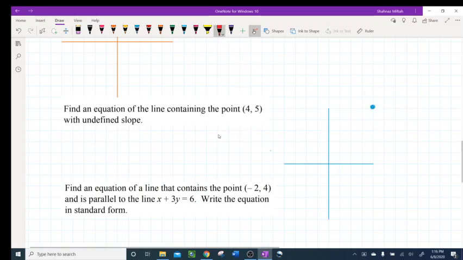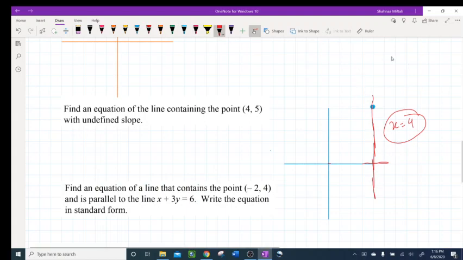And this time they said the line containing the point with undefined slope. You know, undefined slope goes like a vertical line. Do you see the vertical line is crossing through the x-axis at 4, so x equal 4. That's the equation of the line containing the point 4, 5 with undefined slope.